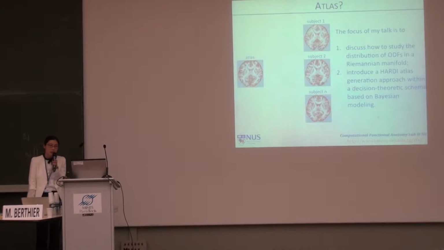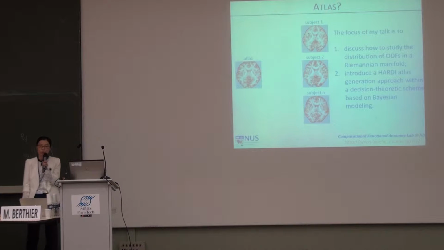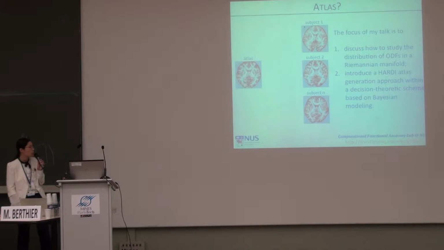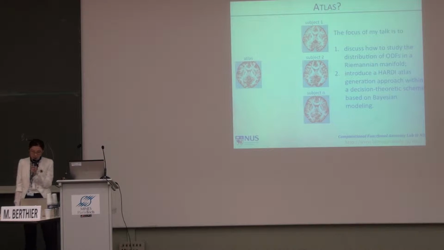So now the question is, given our observations of a number of subjects, we not just have an orientation distribution function at each spatial location, but we also have global anatomical difference across subjects. The question is how we will use such information to build an image atlas that represents white matter anatomy across individuals.